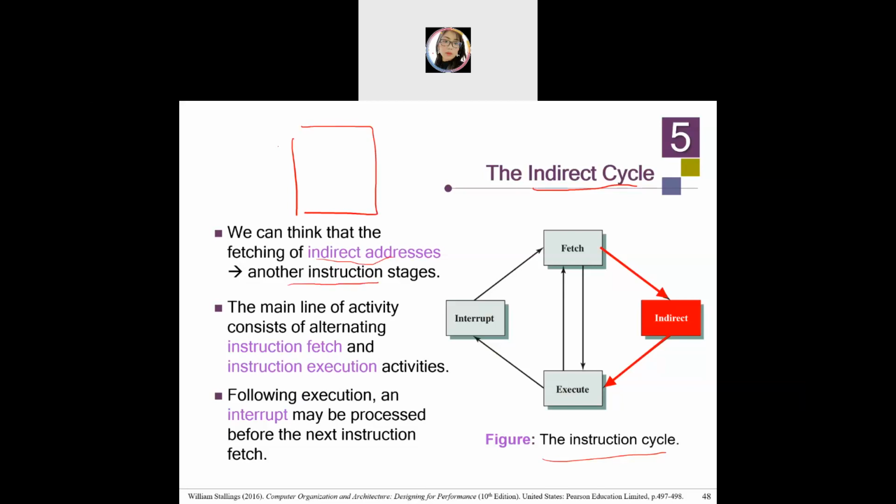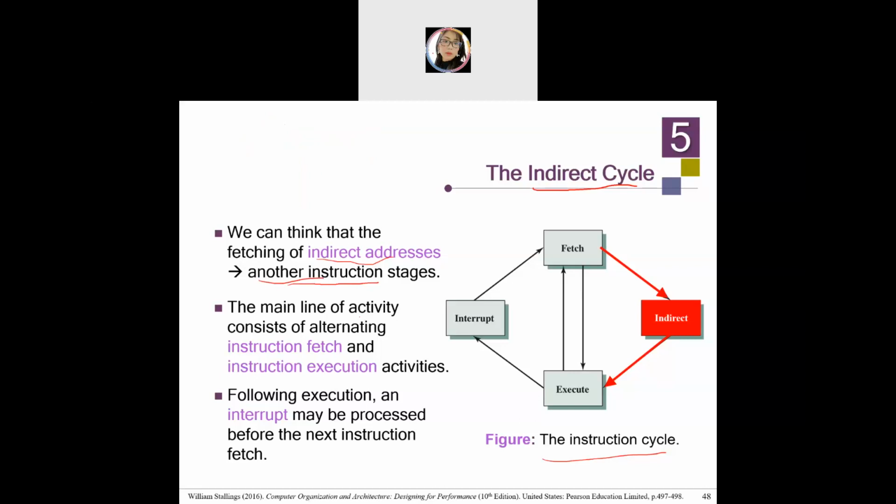If direct, you see the direct address and you get the value. But now with indirect, you need to check the value for the address and go inside the stack. So it is indirect. When it's indirect, you need another stage because you need to check inside.